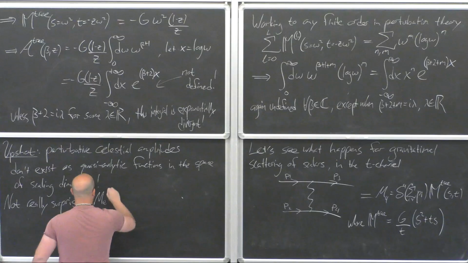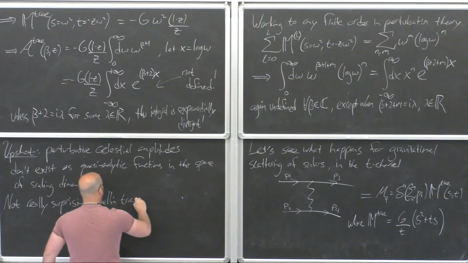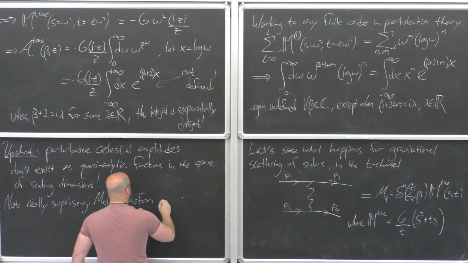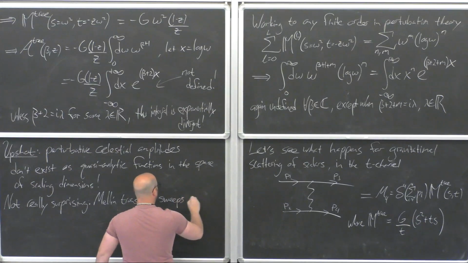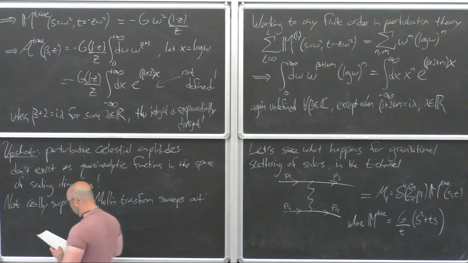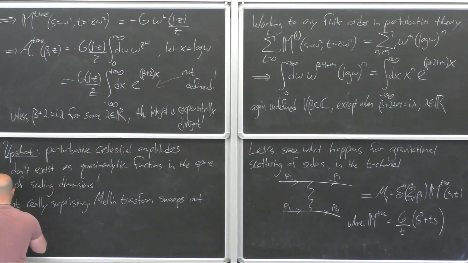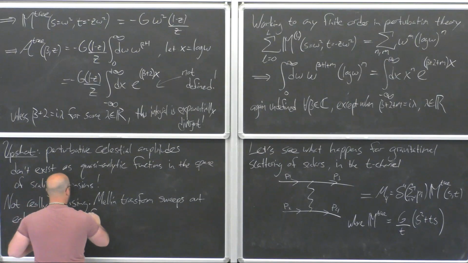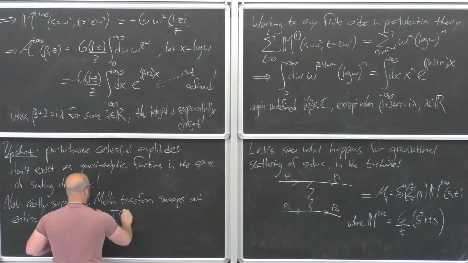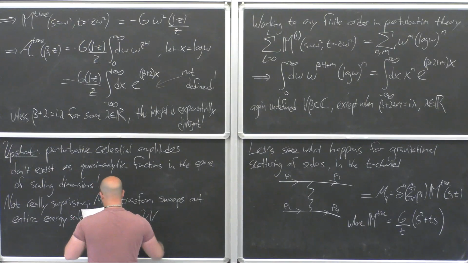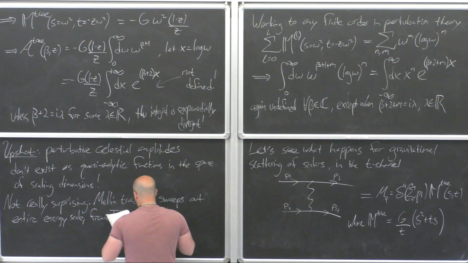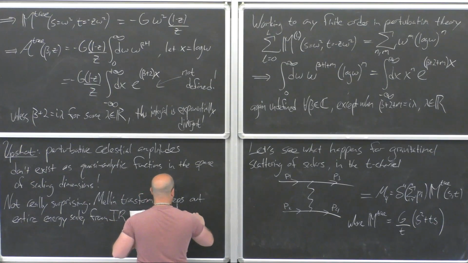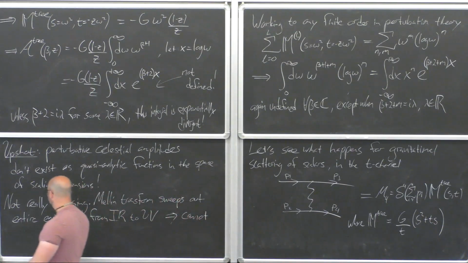The Mellin transform sweeps out the entire energy scale from the IR all the way up to the UV. And that means you cannot work with low energy effective amplitudes.